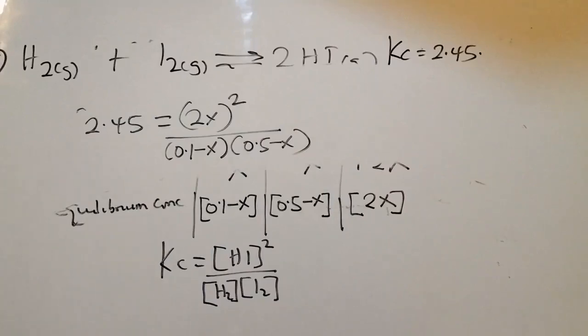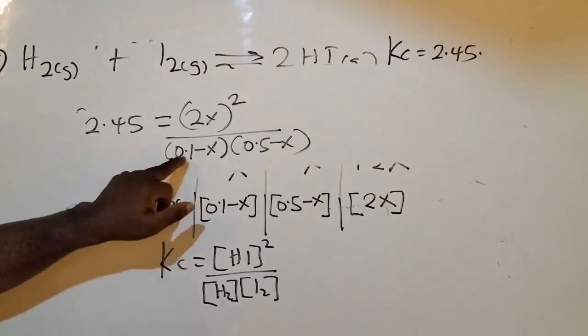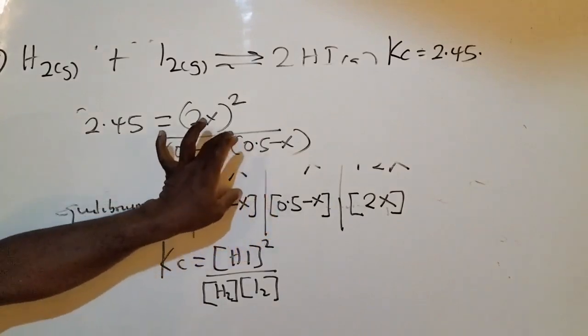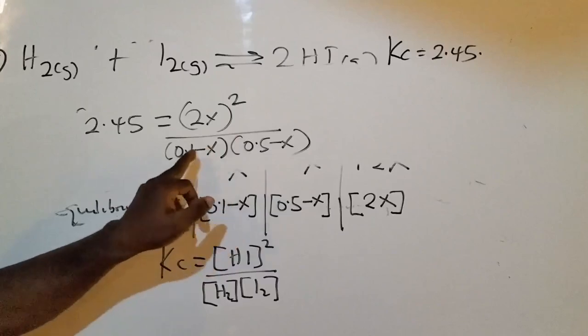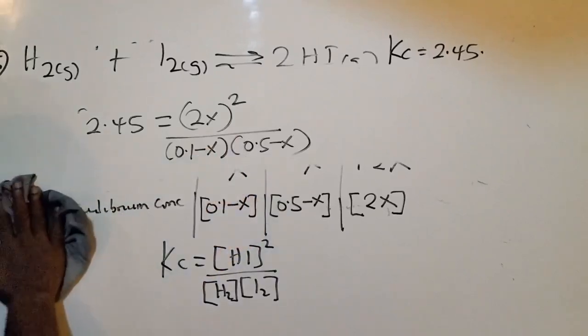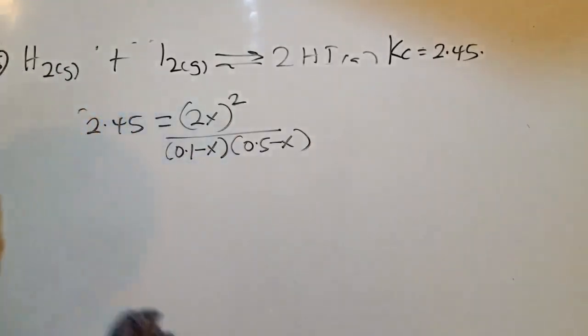In the previous two cases we did, the concentrations of the two reactants were equal. We can square this side, but we cannot square this because they are different.